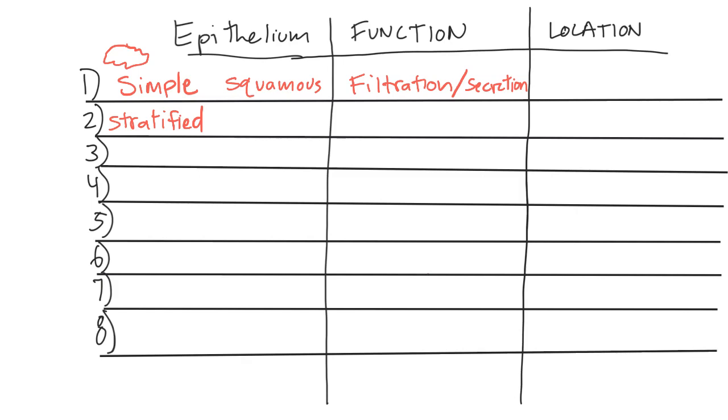For example, in the lungs, in the alveoli, which are the sacs at the very end of your lungs, which run right up next to the capillaries, you want oxygen and carbon dioxide to go in and out, right?